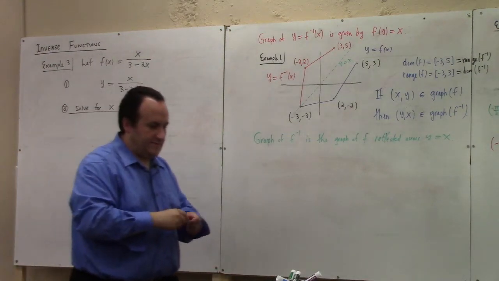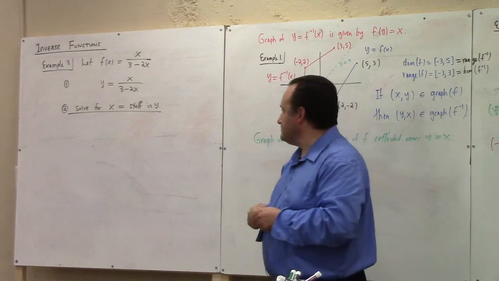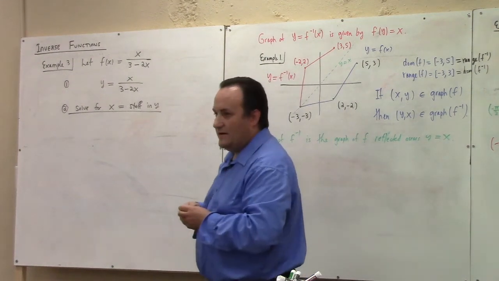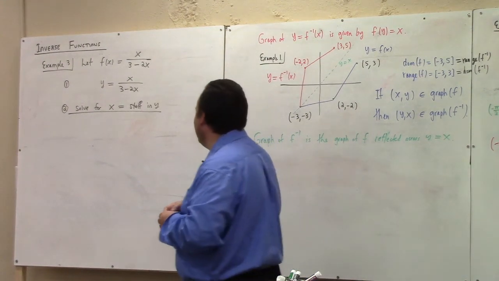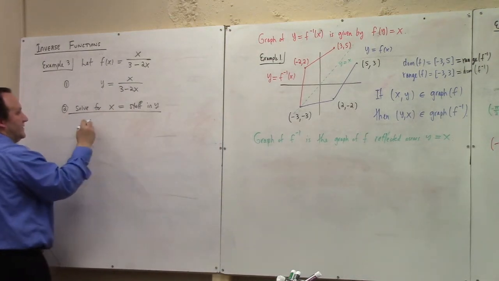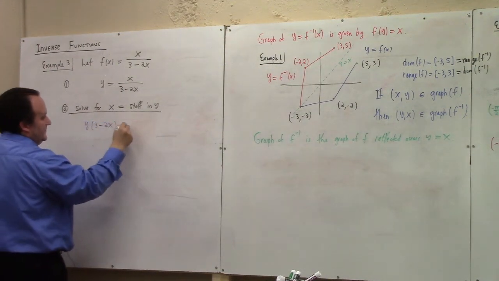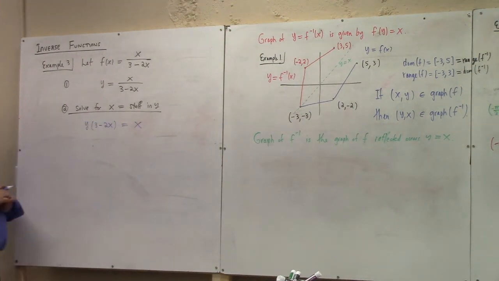How are you going to solve that for x? I think we're going to need to use algebra. That seems fair. Let's cross multiply by 3 minus 2x. We've got y times 3 minus 2x equals x. And then I'm going to distribute.